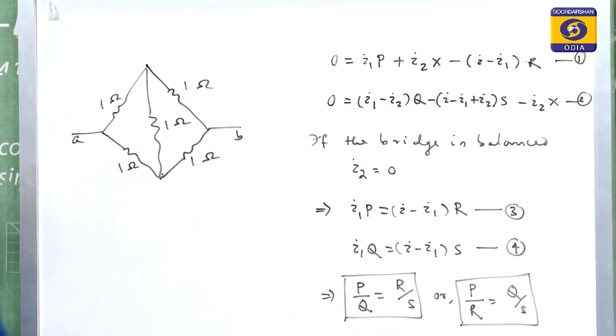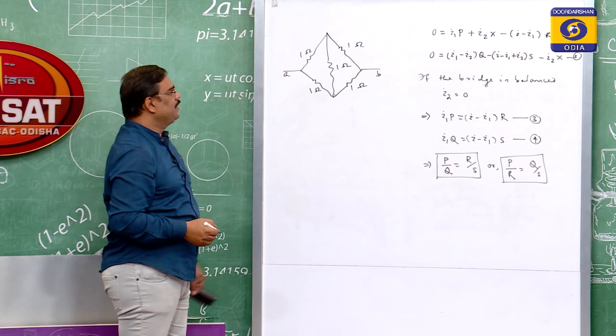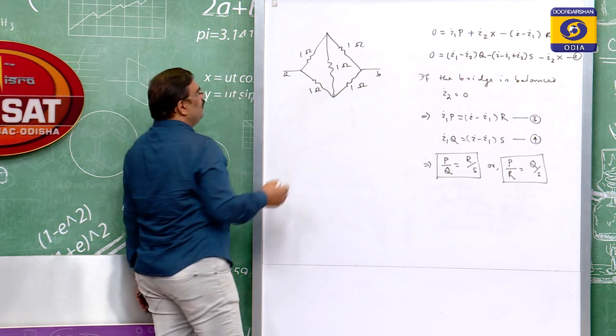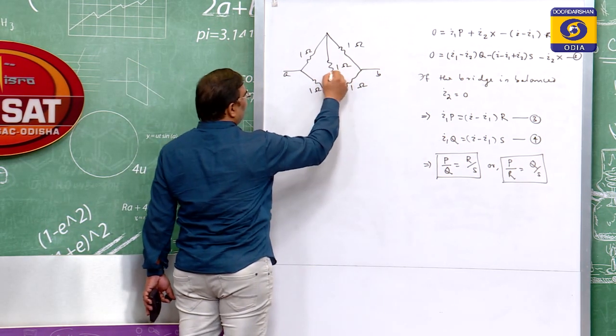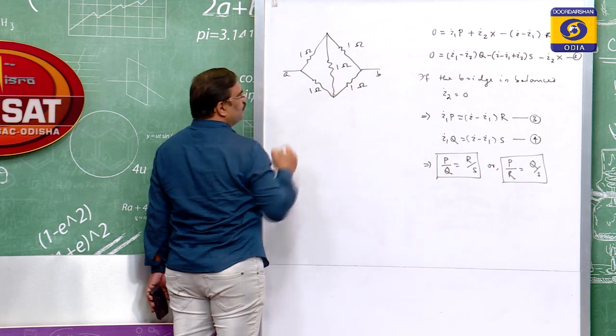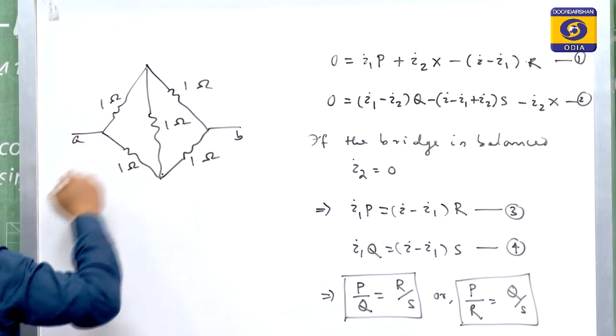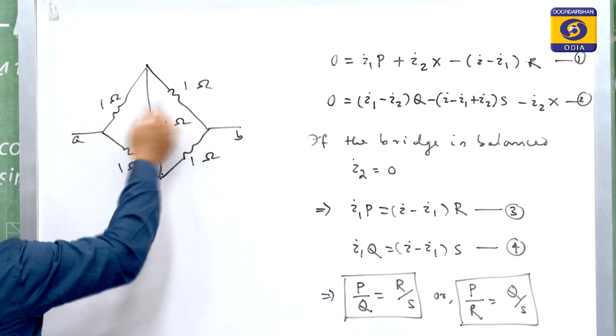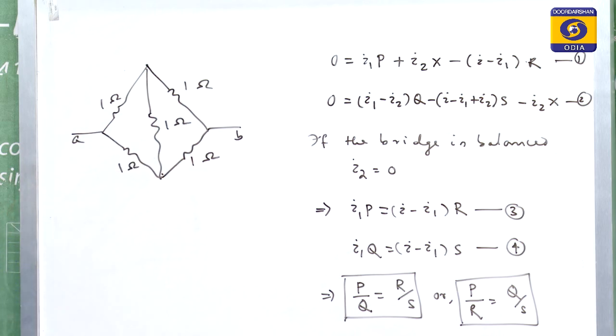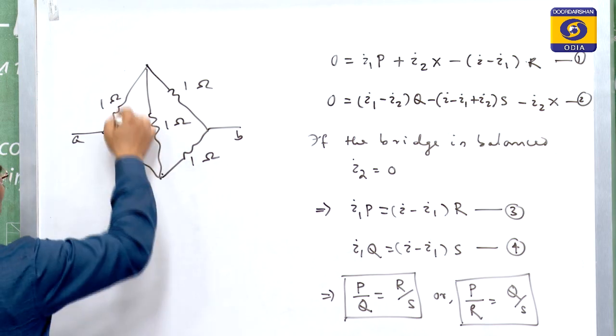So, if it is asked to find out the effective resistance between A and B, because of the central resistance of 1 ohm and the diagonal resistance of 1 ohm, it is connected in such a way that we cannot say which resistances are in series and which are in parallel. So, therefore, what we get here is that this bridge is balanced.